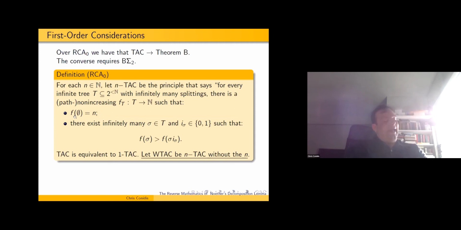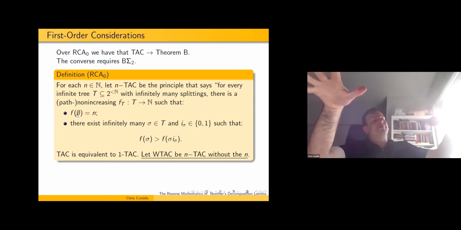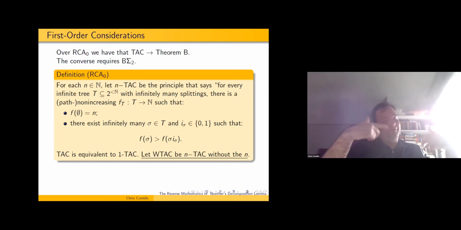So there exists an n that you assign the root to, but you don't specify what value the root gets. I'm going to call that the weak tree anti-chain theorem. There is just some function where the root gets some value, and then as you go down the tree, your function decreases infinitely often from there.